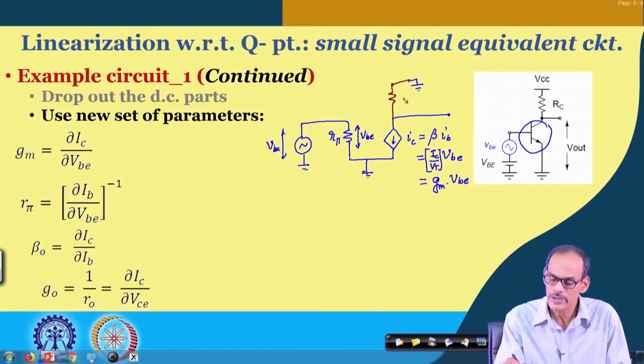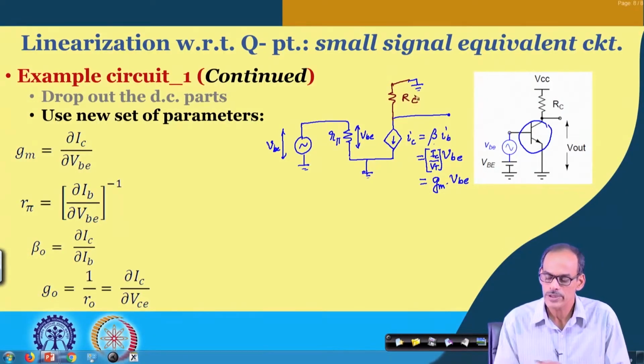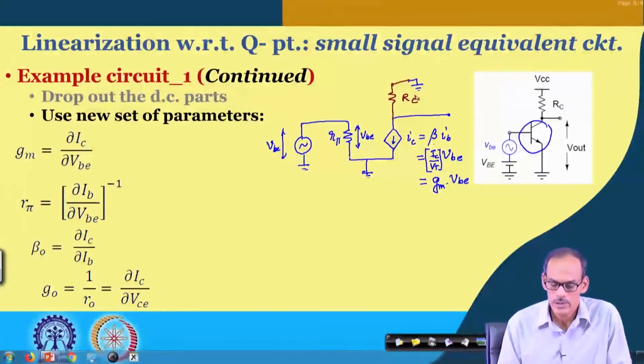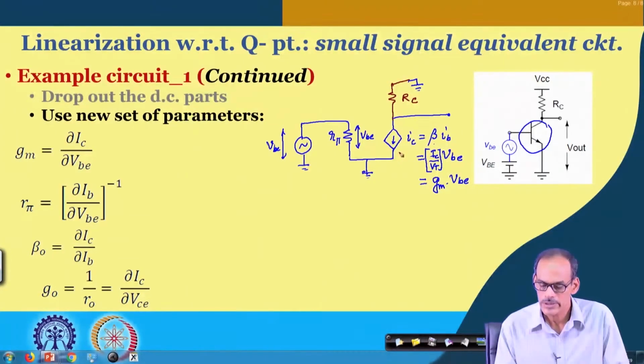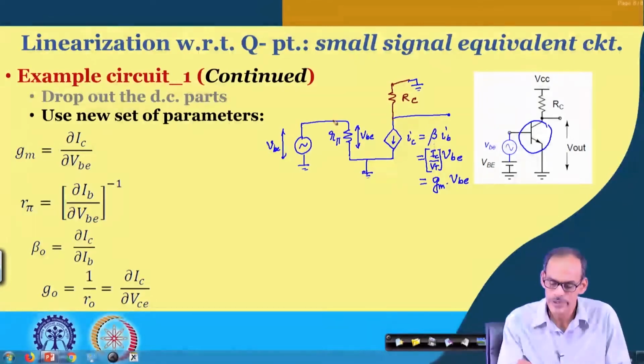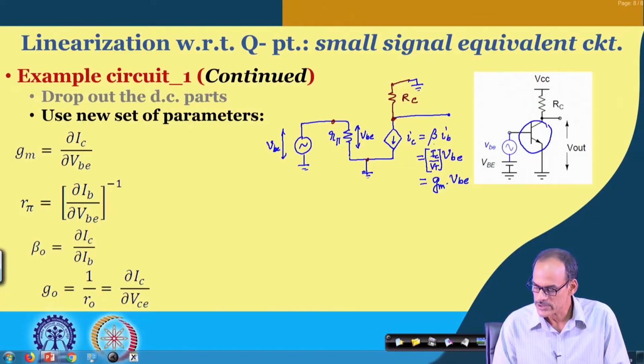What we are saying is that we have seen the graphical interpretation of linearization, we have seen it in the form of equations, and also in the form of an equivalent circuit. This equivalent circuit of the whole common emitter configuration involves the equivalent circuit of the transistor.